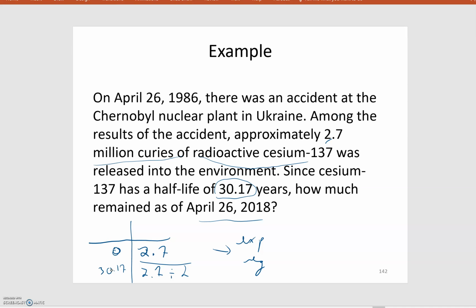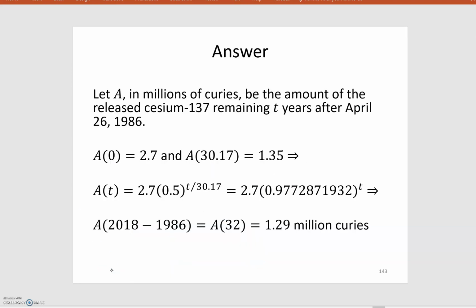And then once we have the model, we can answer this question, which wants to know how much remained on April 26, 2018, which is just a Y-Vars question. And you should get 1.29 million curies for that. All right, so I'll let you work out the details of that one since it's pretty similar to what we've done before.